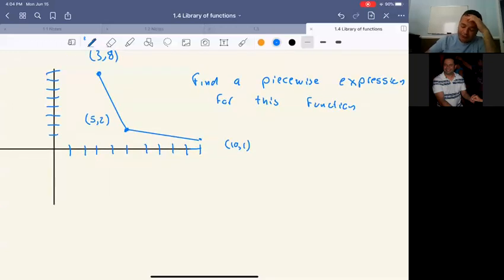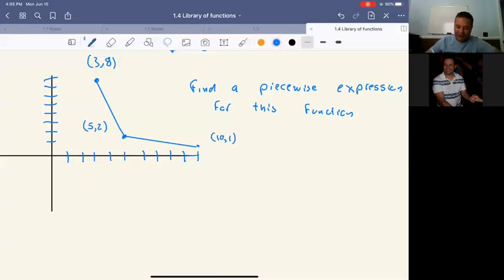So now what we're going to have to do, though, is we're going to have to find the equation of a couple lines. So we're getting back into 1.2. So equation of line connecting 3, 8 and 5, 2.